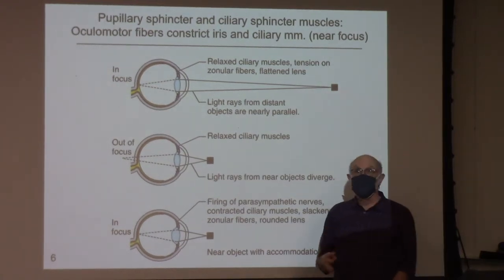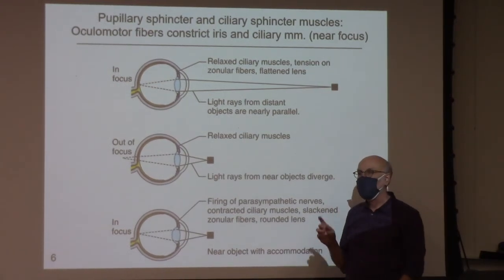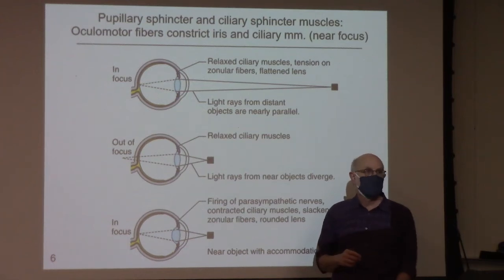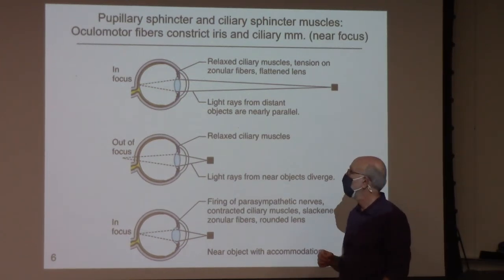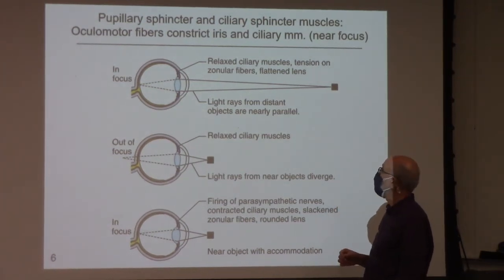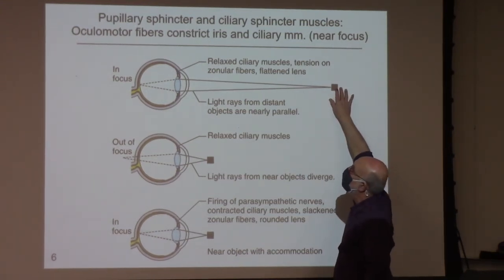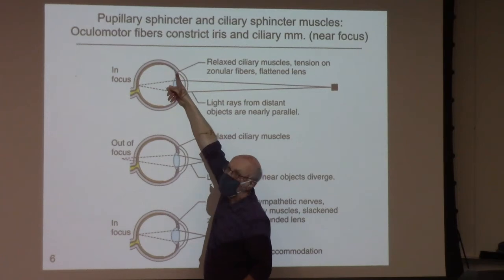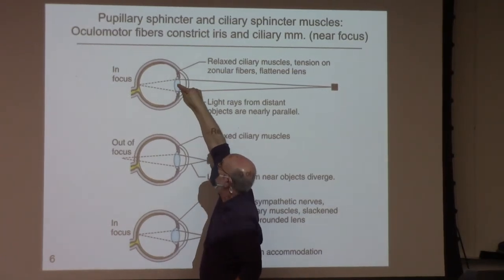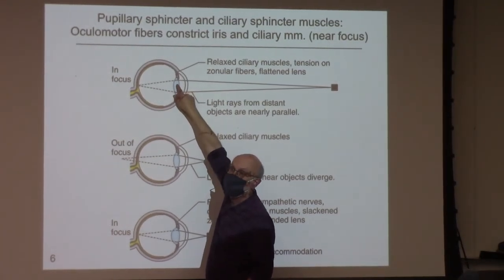In fact, in order to see it really clearly, you have to focus the image not only on the retina, but on the fovea of the retina. So I do want you to know that focus on a distance object requires relaxation of the ciliary muscle, tension on the lens, and a flat lens.